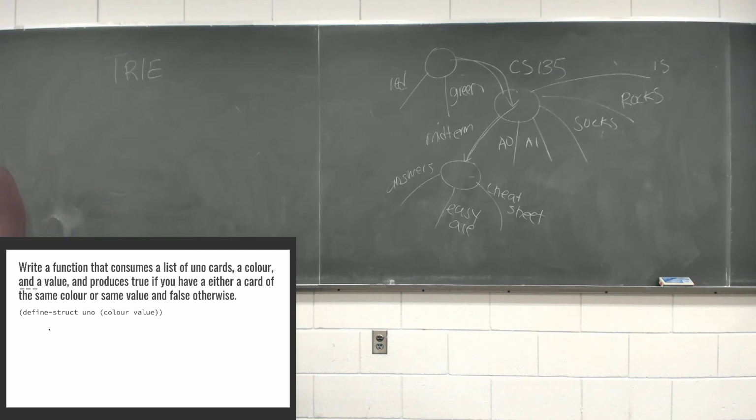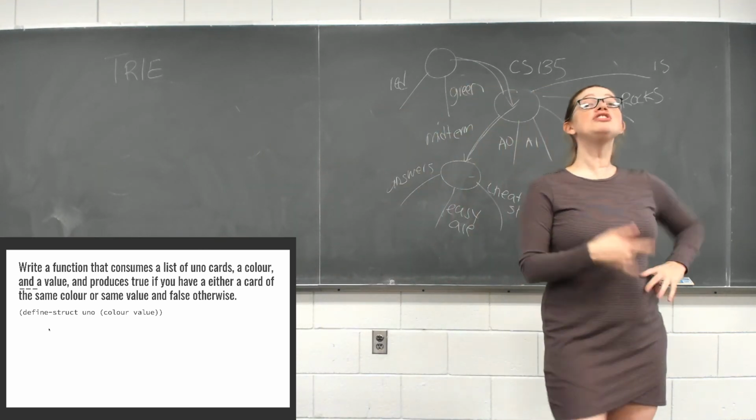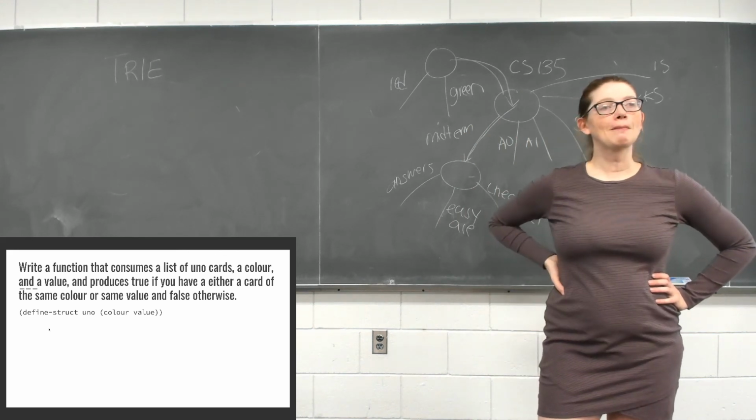So, the function takes a binary tree. A binary tree can be empty. It's totally valid for a binary tree to be empty. We should do something when the binary tree is empty.